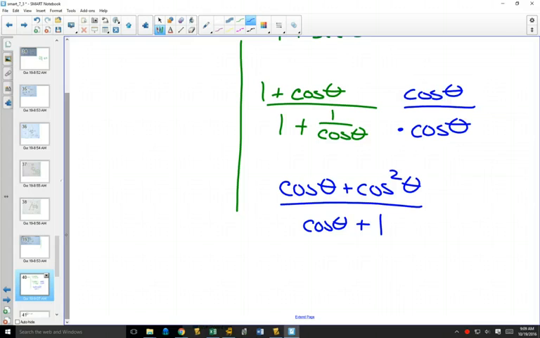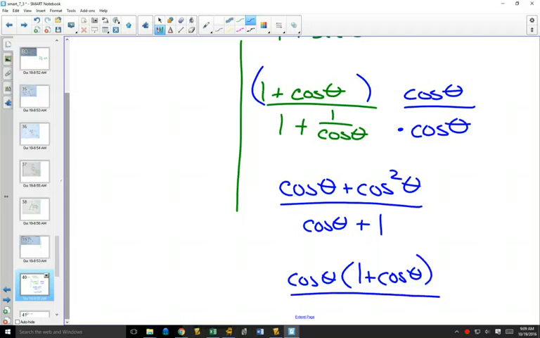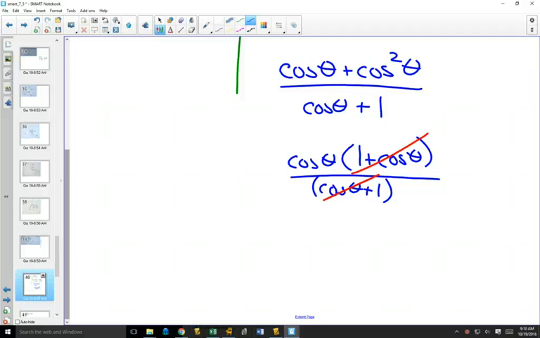Well, on the top, we could factor out a cos. In fact, if we hadn't multiplied out the top, it would already be factored. It's just cos of theta times 1 plus cos of theta. And we have the cos of theta plus 1 on the bottom. Those would simplify. And we're done.